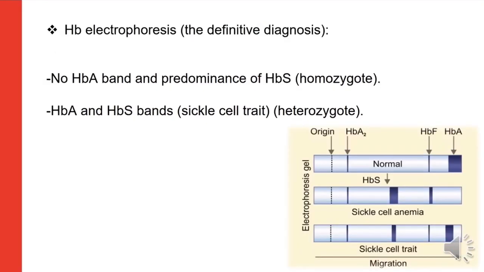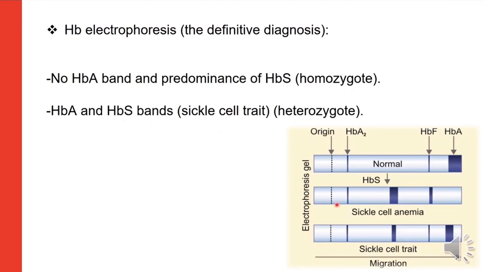Hb electrophoresis is required for the definitive diagnosis of sickle cell anemia. In the homozygote, there is no HbA band, and there is a predominance of HbS, while in the heterozygote, there are HbA and HbS bands.